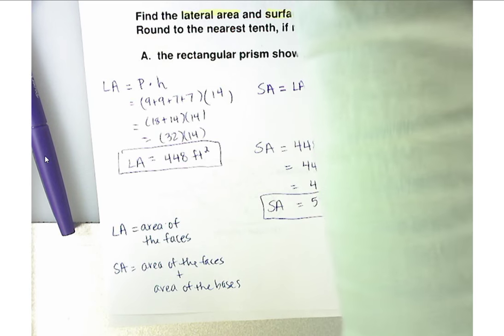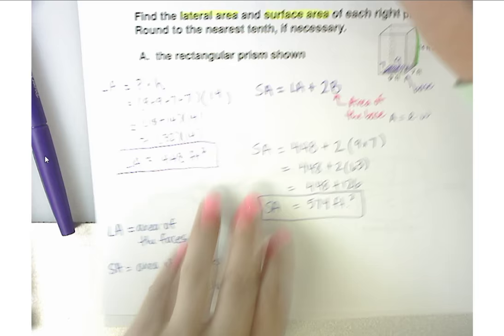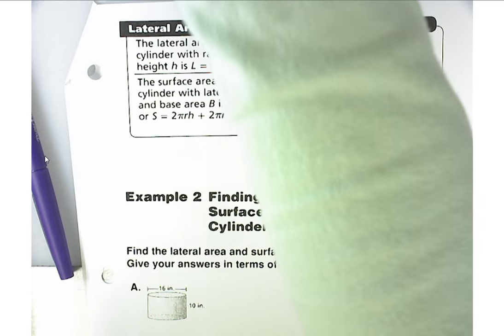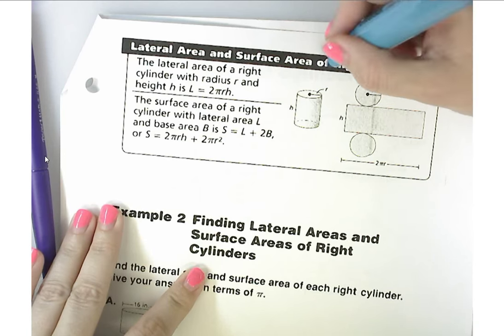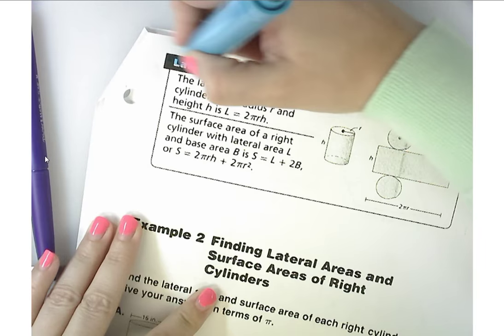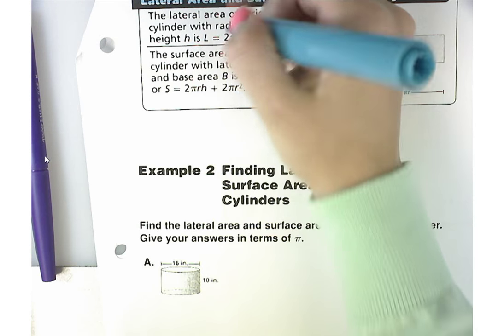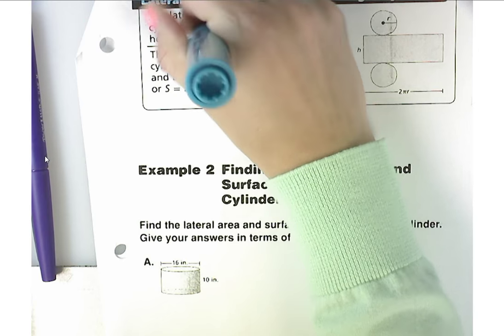All right, and then let's flip it to our next page. Okay, so we have the lateral area and the surface area of right cylinders. Okay, so the lateral area of a right cylinder with a radius of r and a height of h is given by the following.